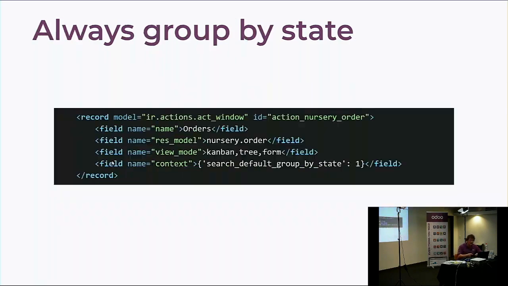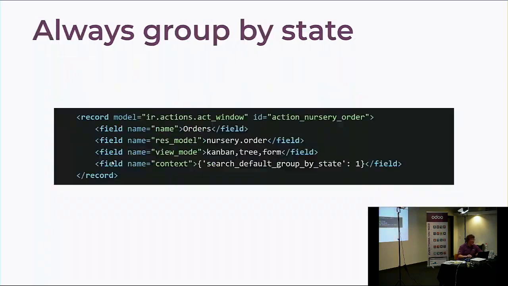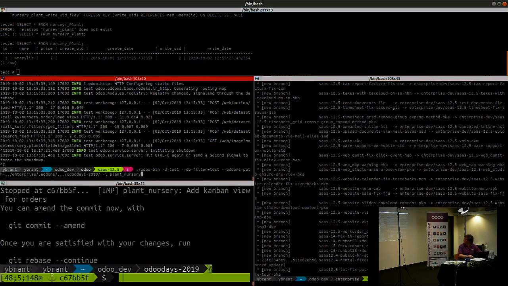And finally, we have to modify the action by adding a key here, search default underscore group by state. Group by state is the name of my filter over here. And it's just to say, okay, I want to enable this filter each time I load the action. And let's see the result.